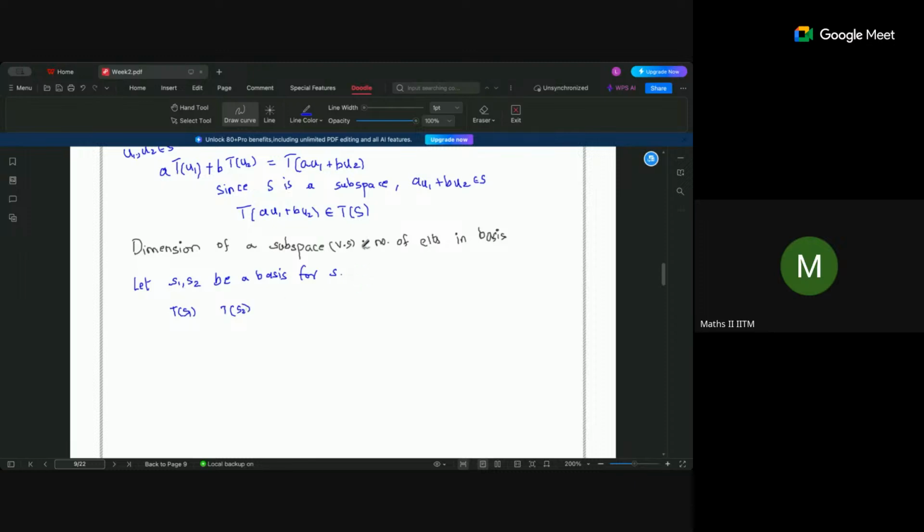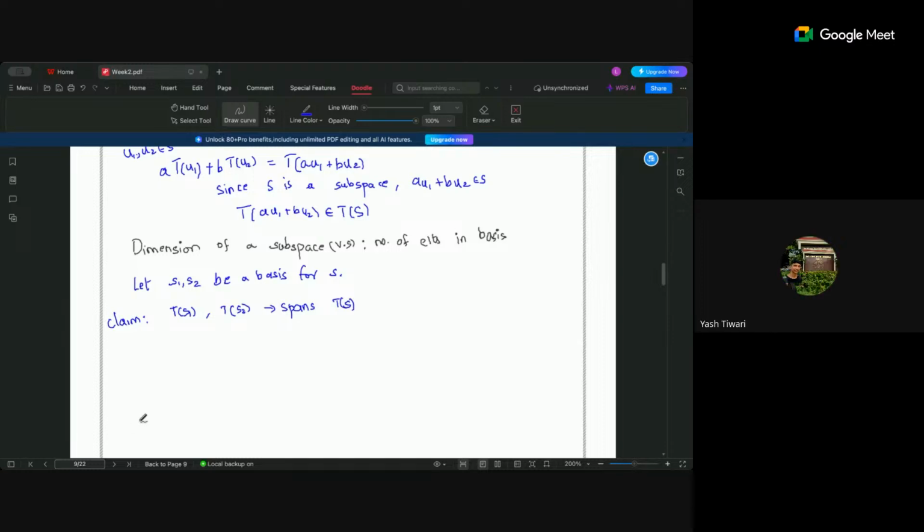What I'm claiming is that T of S1, T of S2 spans T of S. What is the meaning of this statement? I'm saying T of S1 and T of S2 will span this set T of S. Can anyone tell what this means?